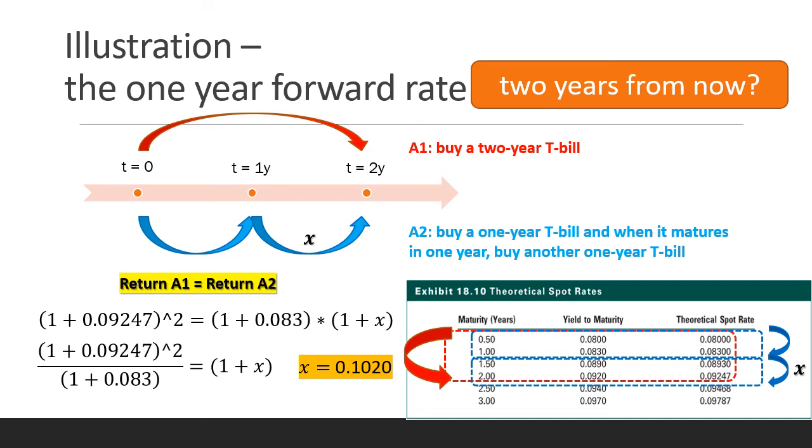You first come up with 2 investment strategies, one consisting of a long-term instrument, like A1 in this case, and the other one consisting of short-term instruments, including the one that you want to estimate, like A2 in this case. Both have the same investment horizon, like 2 years in this case. Then you equalize the gross return of these 2 investment strategies, plug in numbers, and solve for the unknown variable.